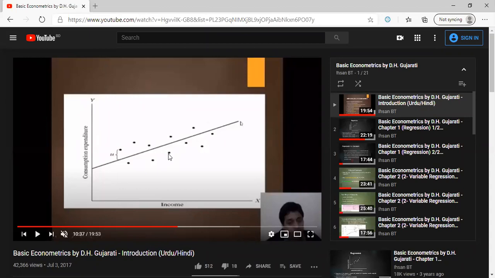Professor, is u unknown or known? Let's say you have this exact part, which is saying if income is 20, consumption will be $15. But when you ask the person, he tells you that I spent $12.